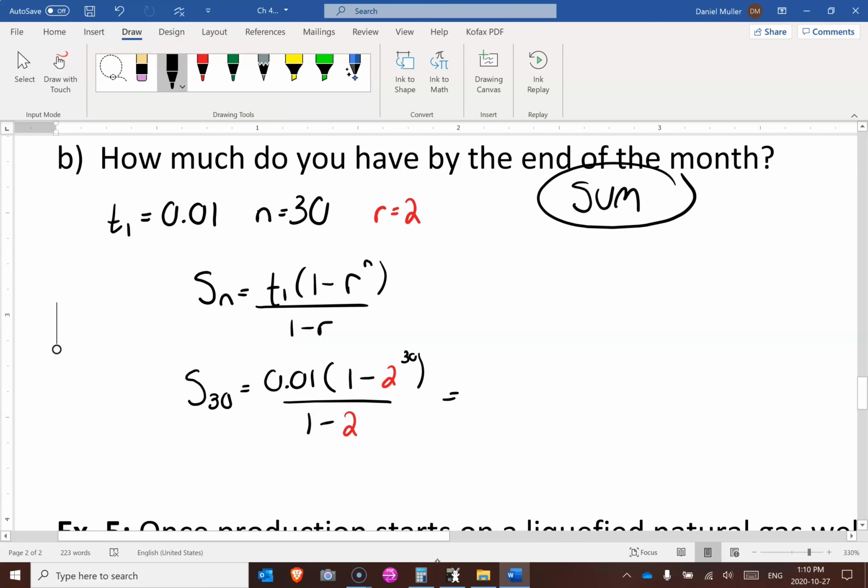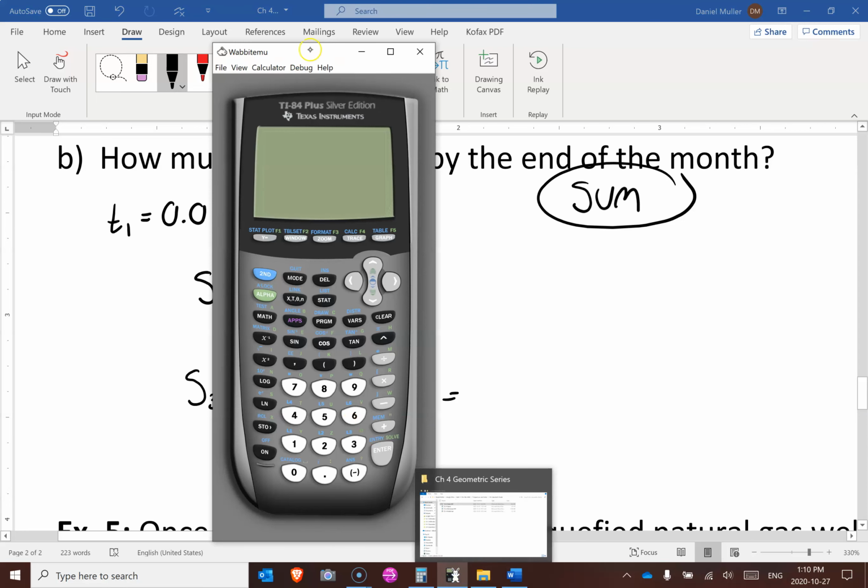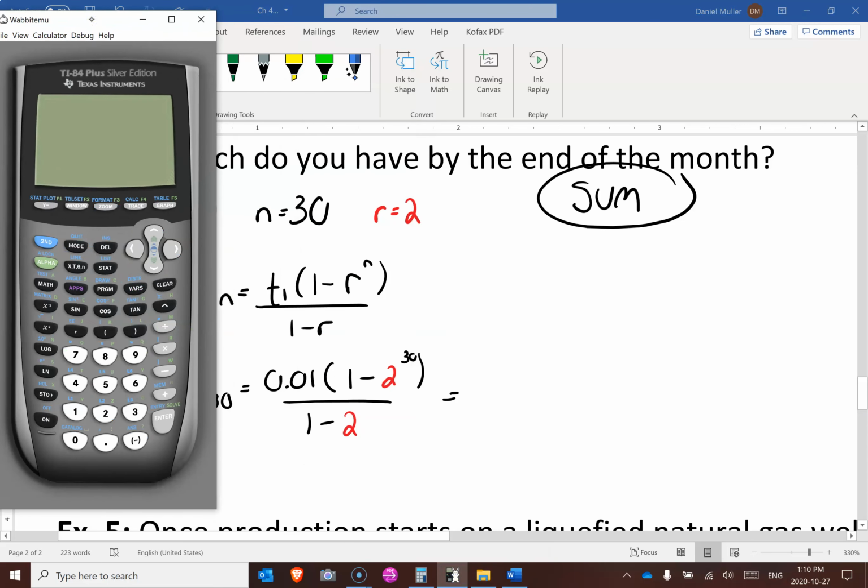So maybe what I'll do is I'll use my other calculator here. I'll put it all in one line here at the top. So 0.01, and then bracket 1 minus 2 to the power of 30.